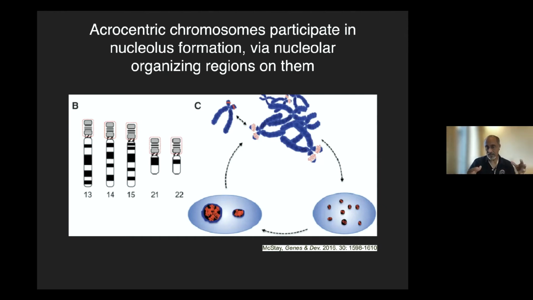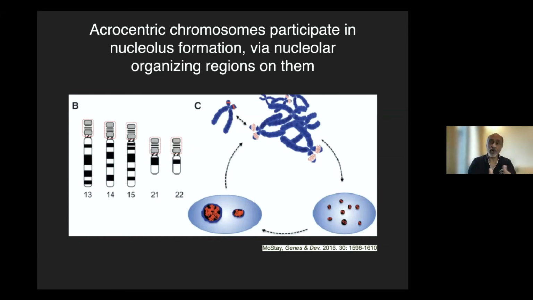Initially you have a period where a group of them comes together, that's the picture at the bottom right. Then there is a further coarsening process until finally you have just one to two nucleoli within the cell nucleus. So when a cell divides, it has all of these things floating around, they begin to come together, assemble, and coarsen, until finally you typically have just one nucleolus.